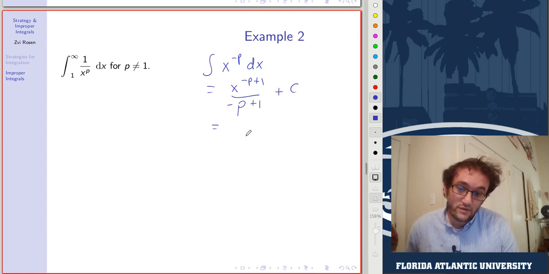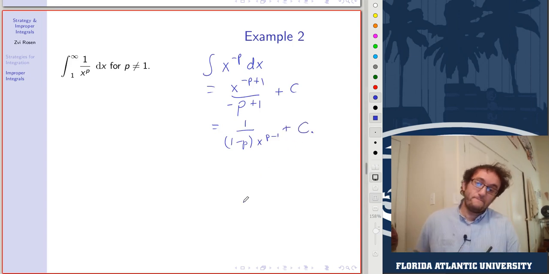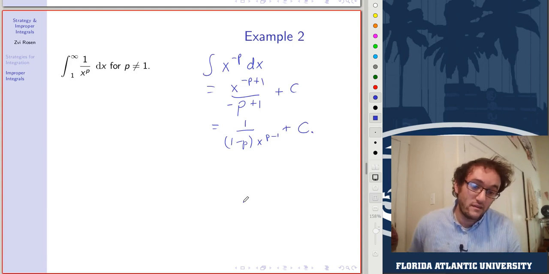Or we could also write this as 1 over 1 minus p times x to the p minus 1, plus c. That's just if we want to put x in the denominator.